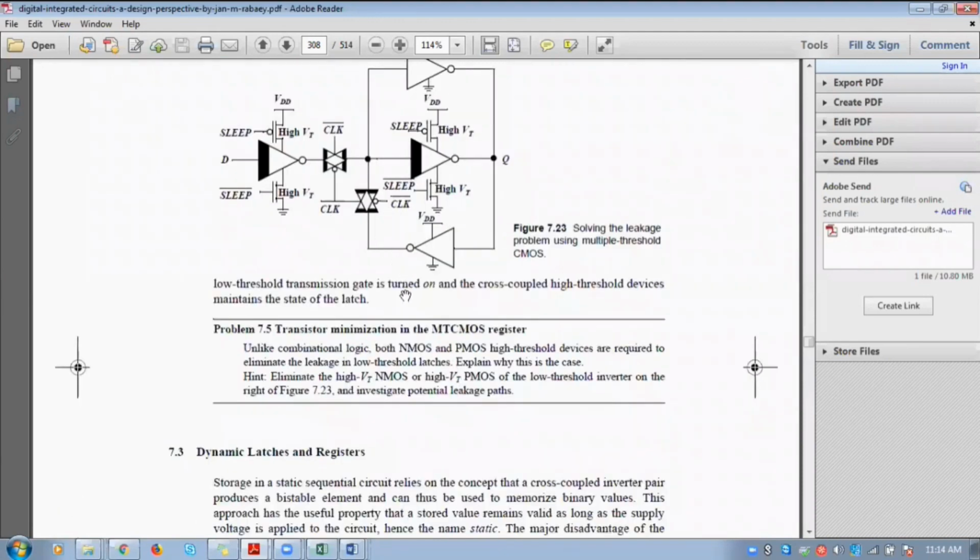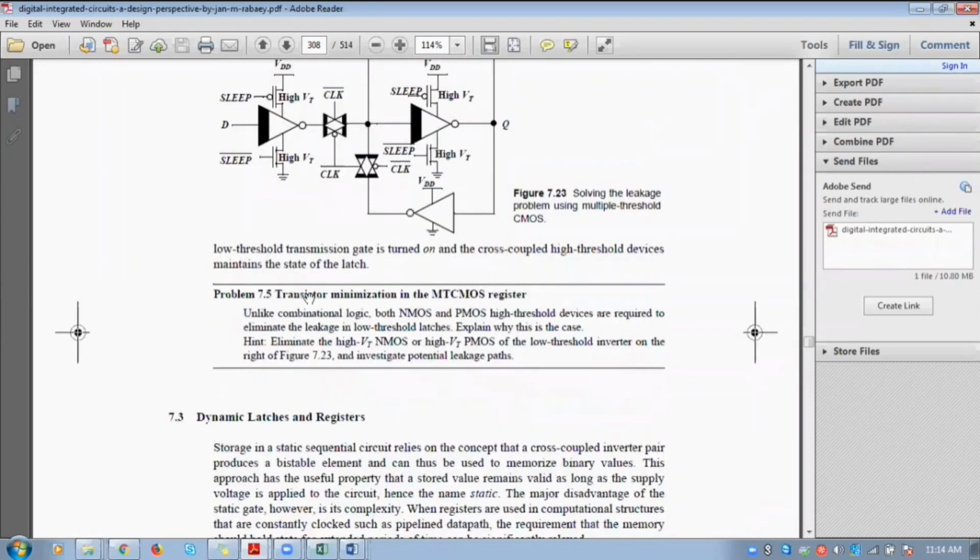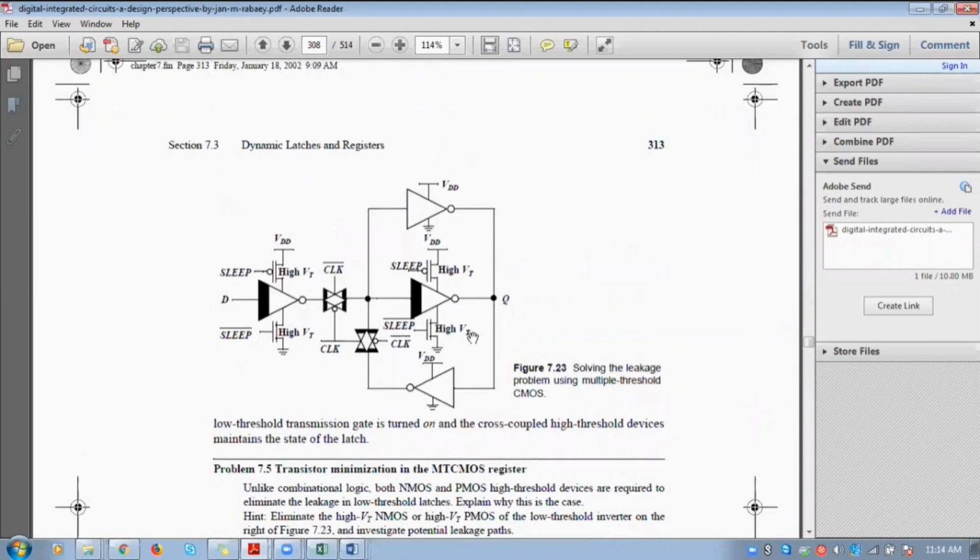This is the concept of multiple threshold CMOS. So you will be having low threshold voltage transistor as well as high threshold voltage transistor in your circuit. So it is able to adapt to both high voltages as well as low voltage scaling also.